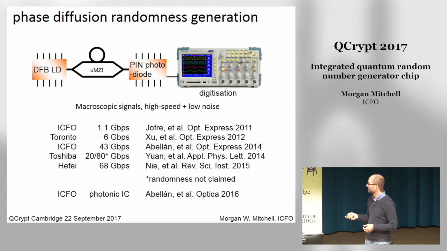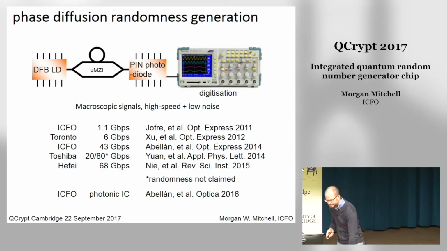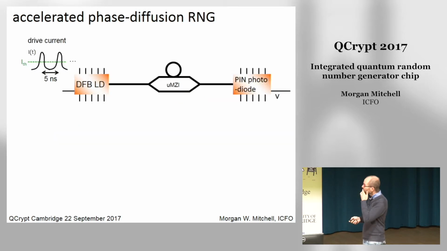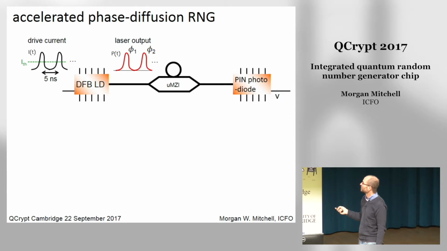I'll say a little bit about this publication where we implemented this kind of phase diffusion device on an integrated platform. Okay. So how does this work? First, you take your laser both above threshold and below threshold, and it's going to produce pulses of light, and those pulses in practice are going to look very similar to each other, but they will have random phases.